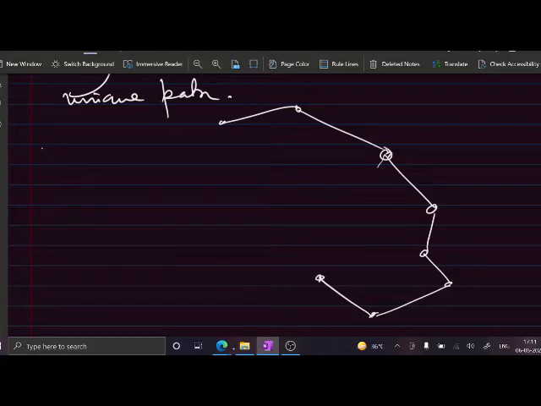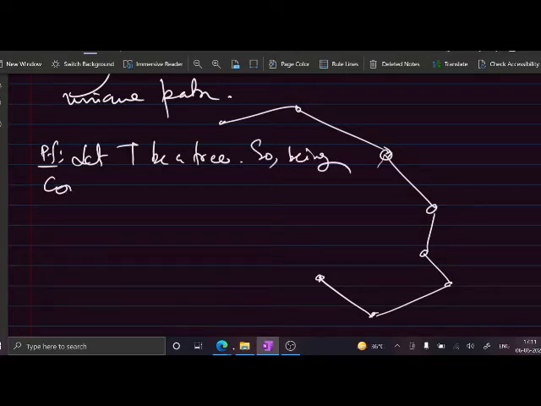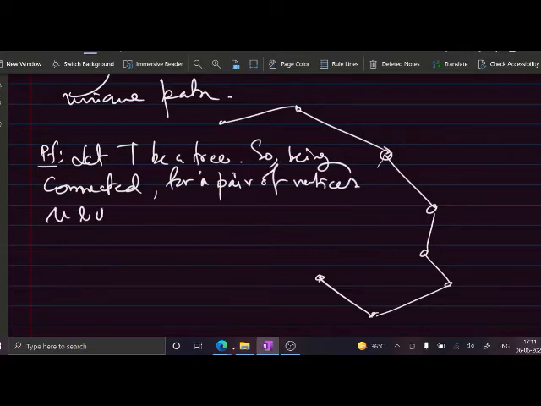So let T be a tree. Being connected, for a pair of vertices u and v, there exists a path.